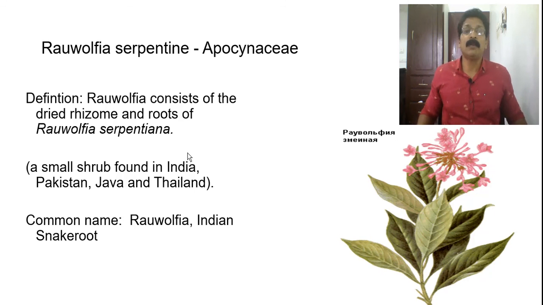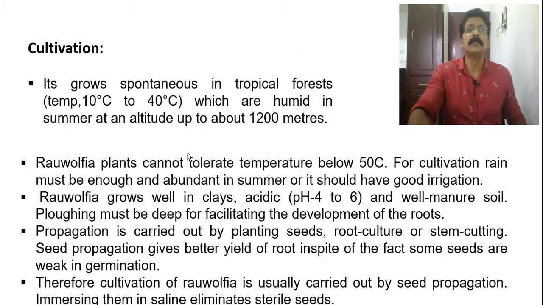The common name is Indian snake root. Serpentina is a Sanskrit-derived name; serpent means snake. Why is it called snake root? Because the shape of the root looks like a snake, so it is called Rauwolfia serpentina.